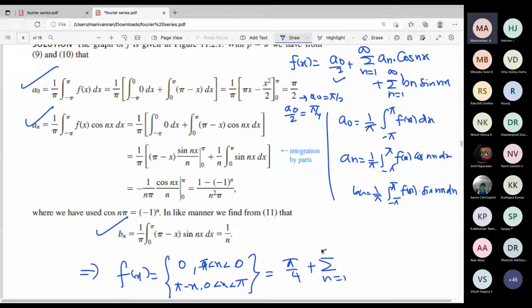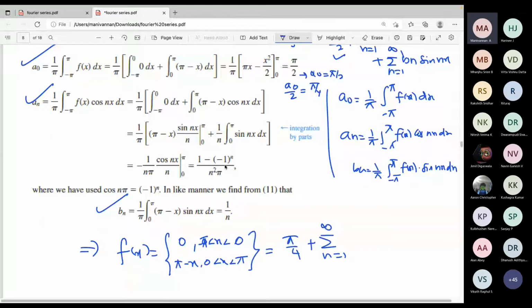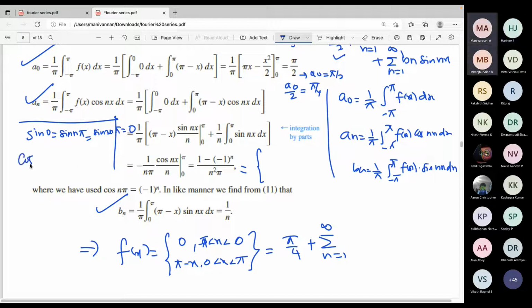Then sigma n from 1 to infinity. What is my a n? A n is defined in this way, 1 minus of minus 1 to the n. After substituting here we should know the basic things. What is sine 0, sine n pi, sine 2n pi? All are 0, right? Is it clear? Cos 0 is 1, and cos n pi is minus 1 to the power n.